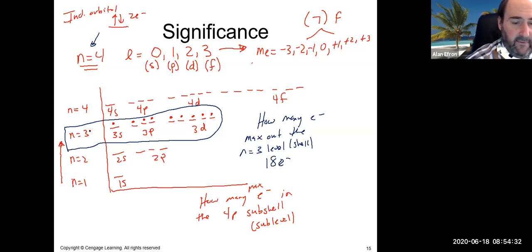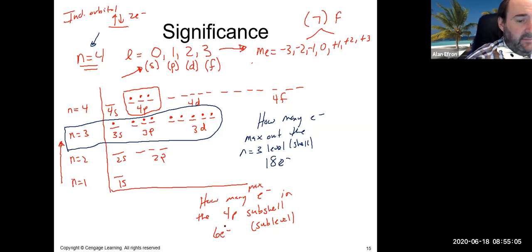Well, let's see if we're right on the next one. What is the maximum number of electrons in a 4p subshell? 4p is up here, but remember the subshells are really these guys. The 4p subshell is just this set of p orbitals, so in this case we could do 2, 4, and 6 electrons to max it out.